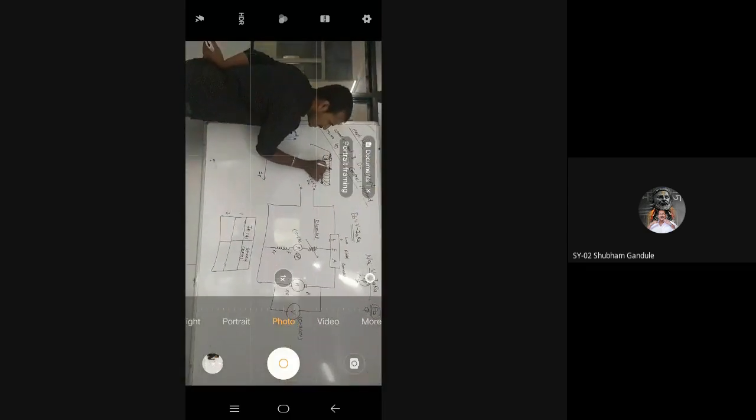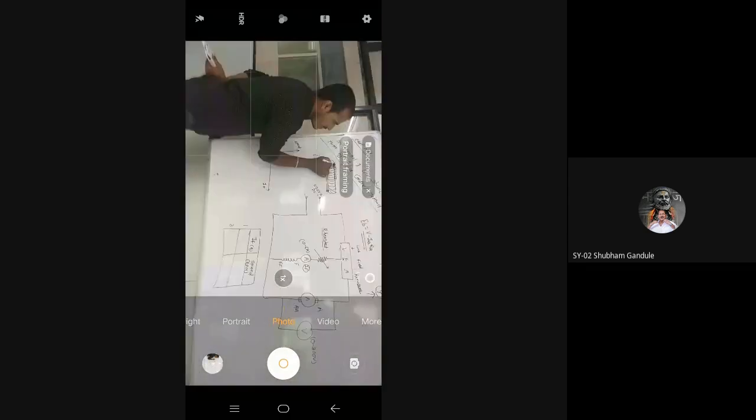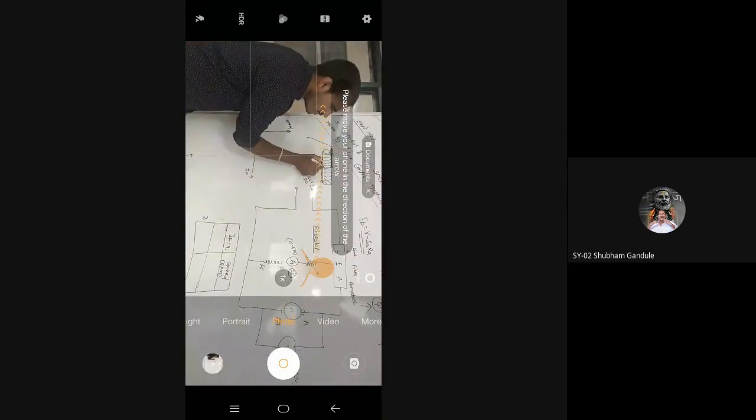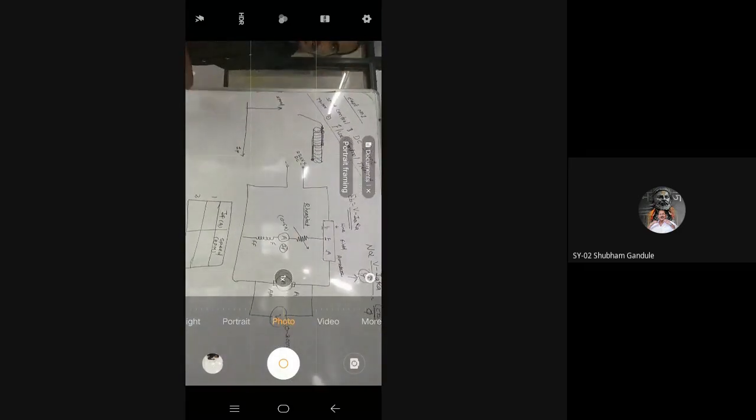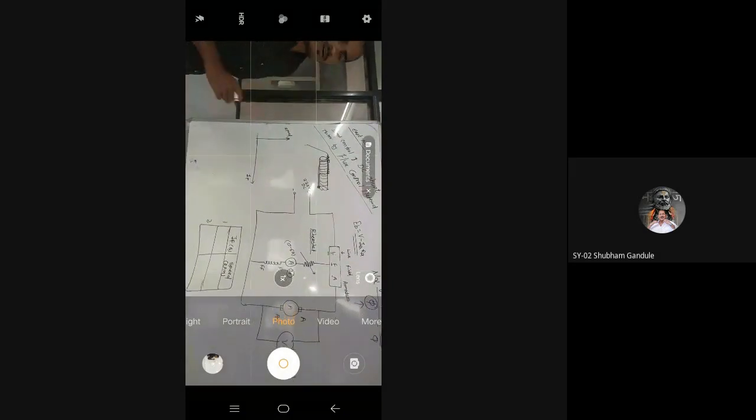If I shift the point to this side, then the resistance is eliminated from the circuit and my current will be higher. While we perform the practical, I'll explain how we will vary the rheostat and how we will vary the resistance.